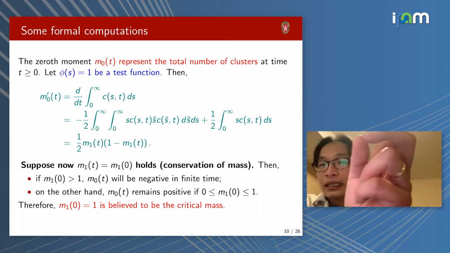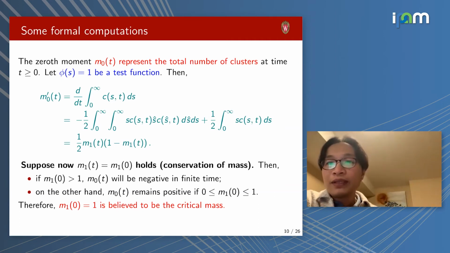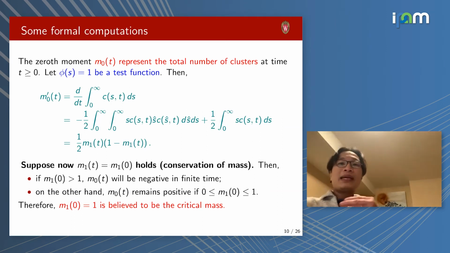This is an important point for me to read up information, because assuming that my system has conservation of mass, saying that m1 of t is always m1 of 0 for any t, then I can see here that if I start with m1, the total mass, greater than 1, then the right-hand side is a negative number, right?